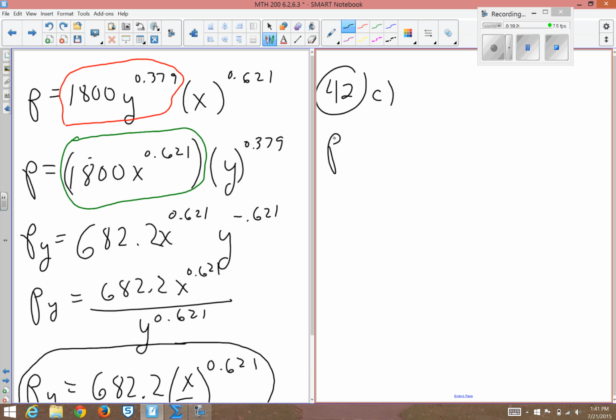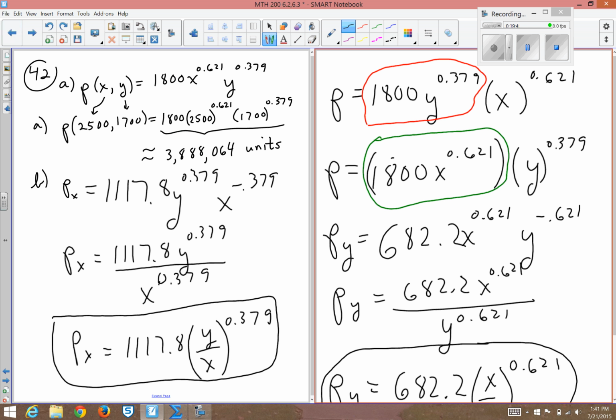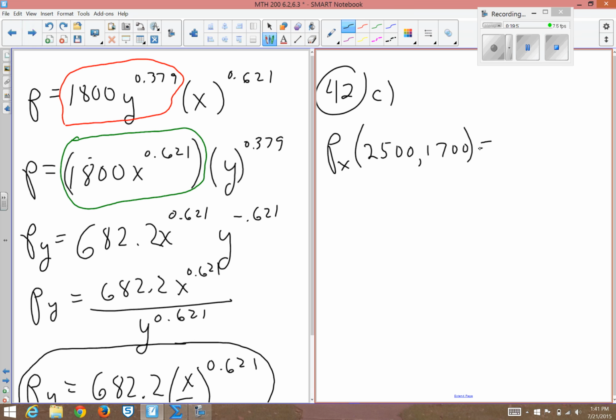We take the marginal productivity with respect to x, and we're going to evaluate it when x is 2500 and y is 1700. So we have to go back and see what to plug that into. It's right down here, 1117.8 times the y over x that they're giving us raised to the 0.379.